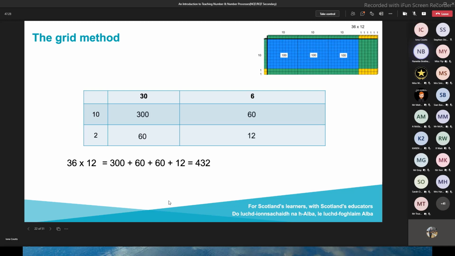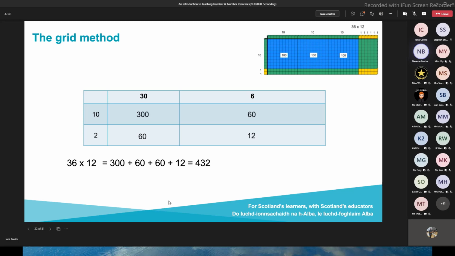As already mentioned, if access to actual concrete materials is restricted, then MathsBot, the illustration at the top there, is just put together using the MathsBot website. So building on that concrete representation, we can link it again to the grid format.